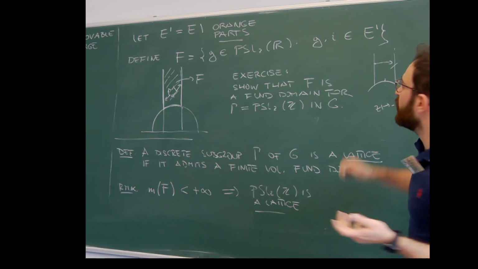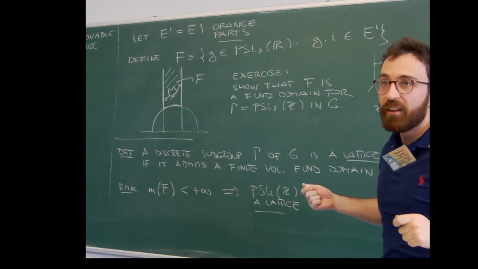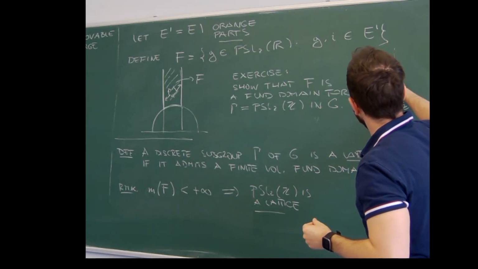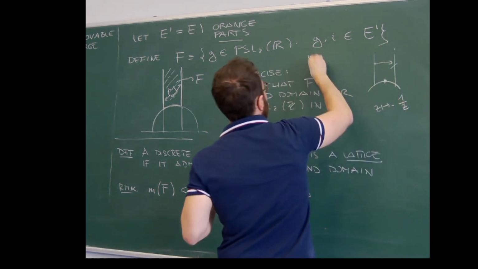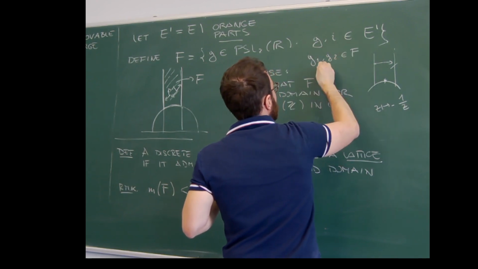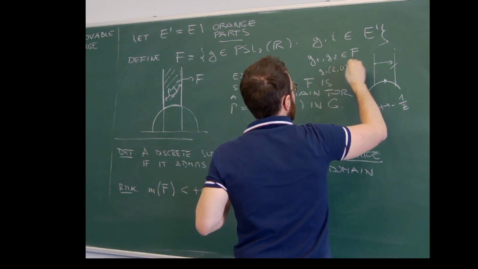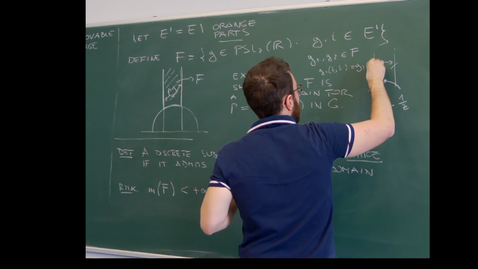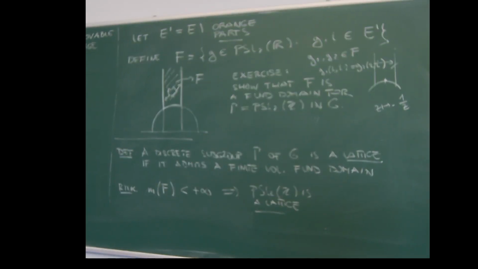So essentially you have two elements that acting on I give you the same point, so you have G1 and G2 in F such that G1 I is equal to G2 I. But you don't want this.